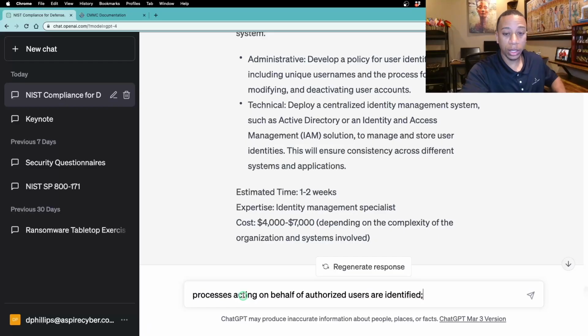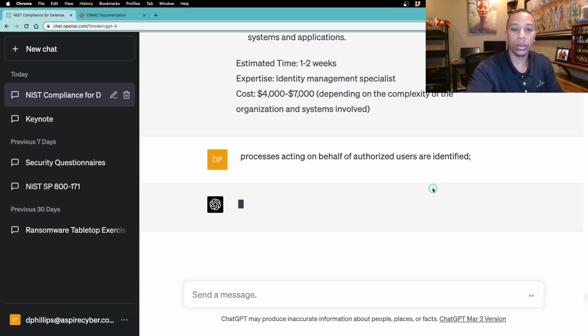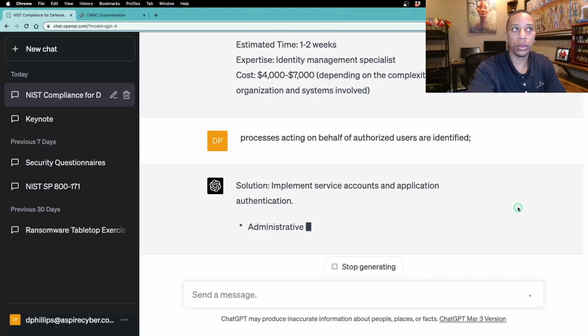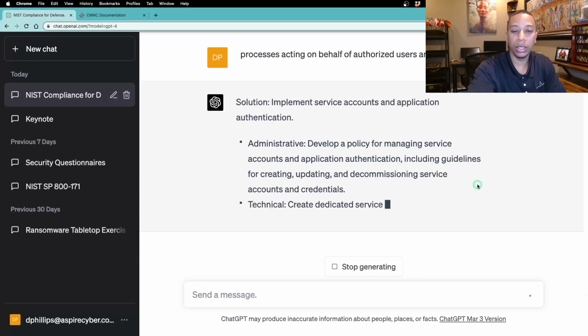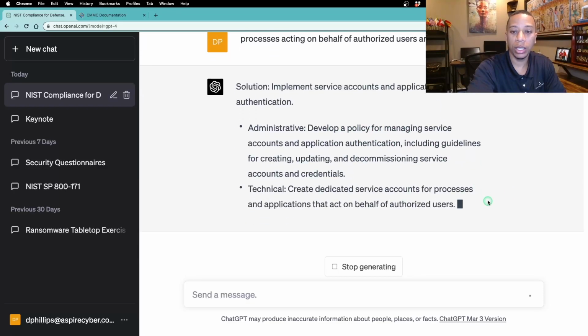Now the second assessment objective, I want to make sure that processes acting on behalf of authorized users are identified. So we need that policy, the access management policy.